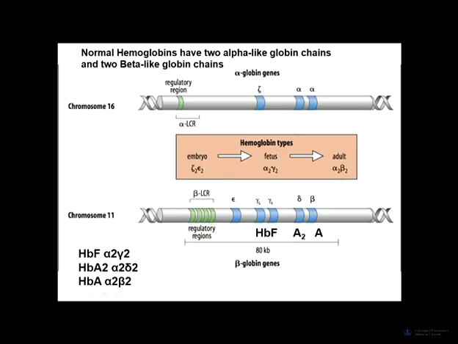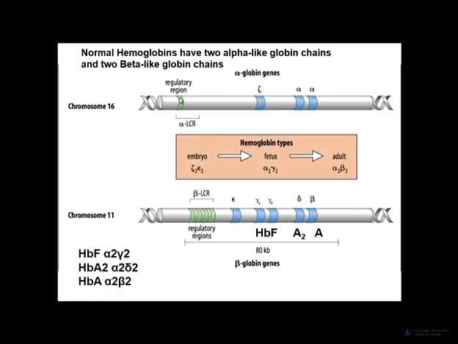Hemoglobin synthesis is the product of genes on both chromosome 16 and chromosome 11. The alpha globin genes are on chromosome 16 and they're duplicated. It's interesting that the globin genes are lined up along the chromosome in the order that they're expressed in utero.